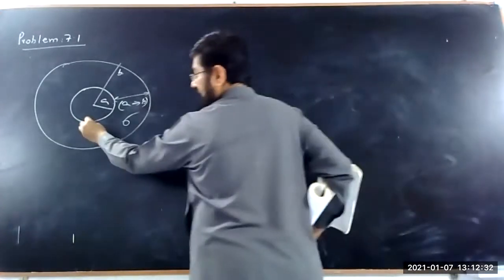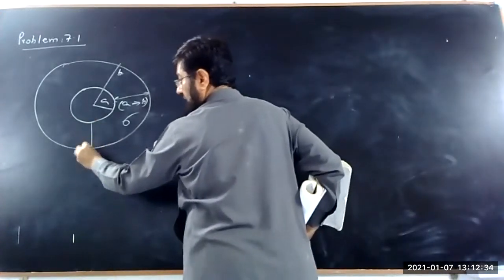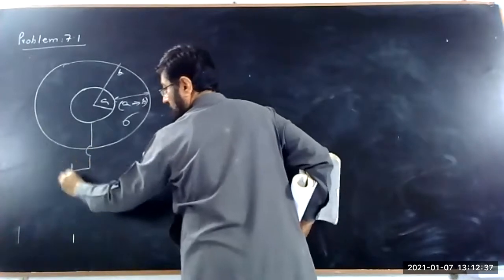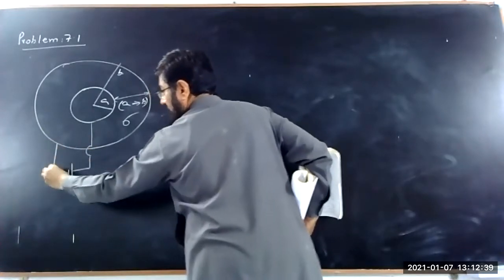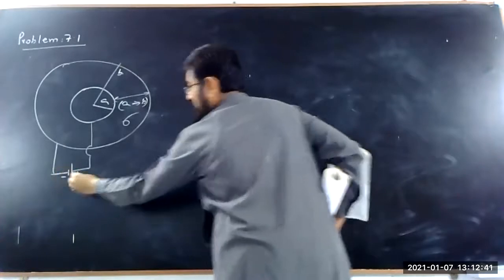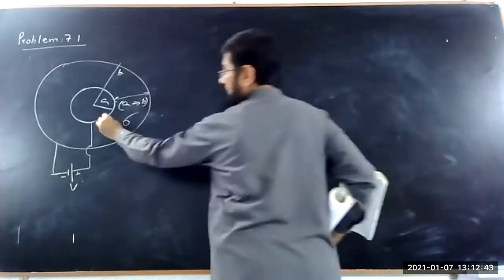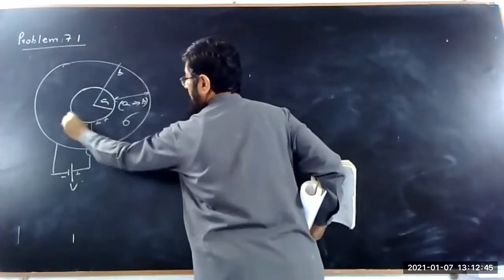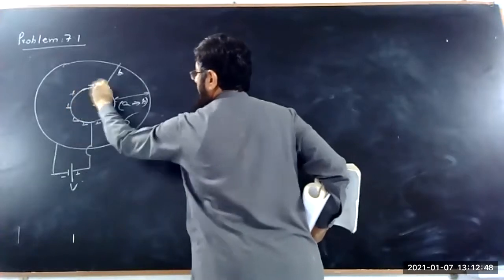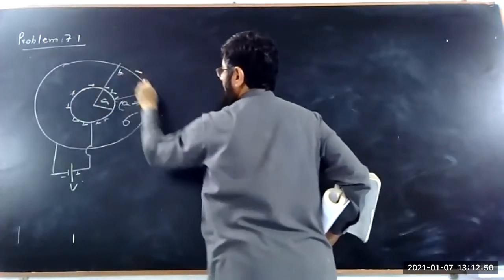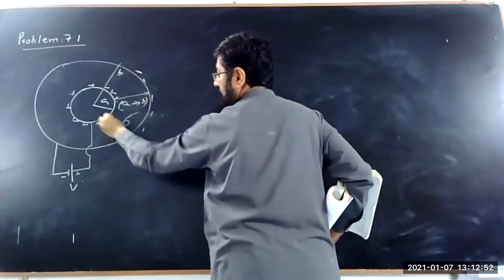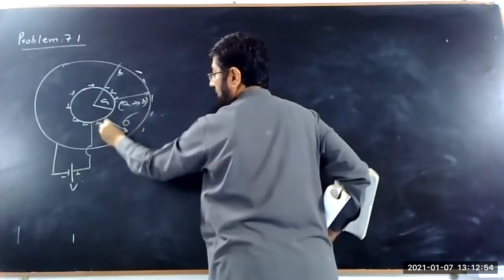The inner sphere is connected to the positive terminal and the outer is connected to the negative terminal. So this becomes positively charged, this is the positive sphere and this is the negative sphere. The current can flow from positive to negative.